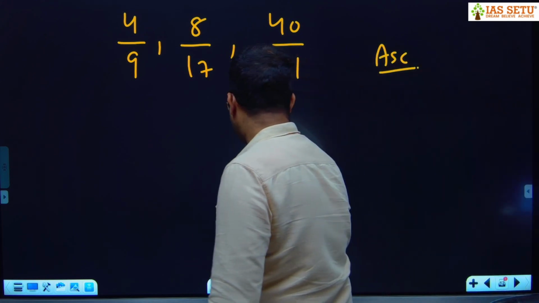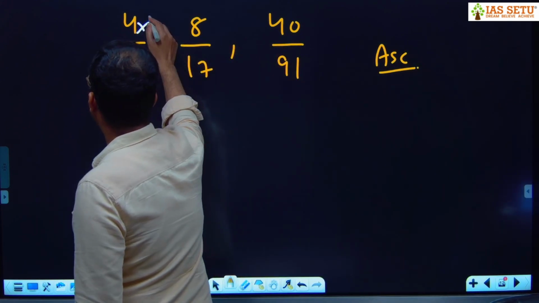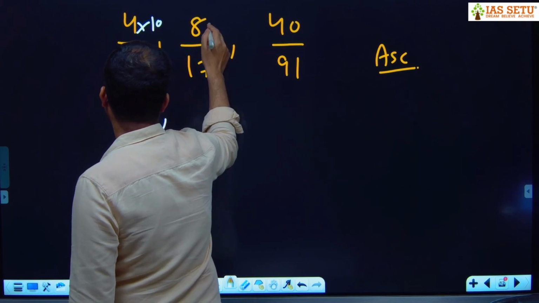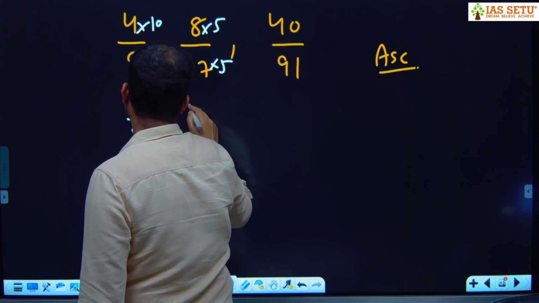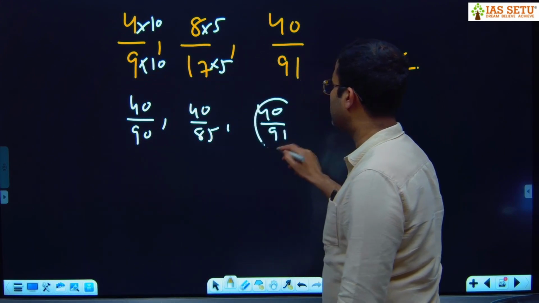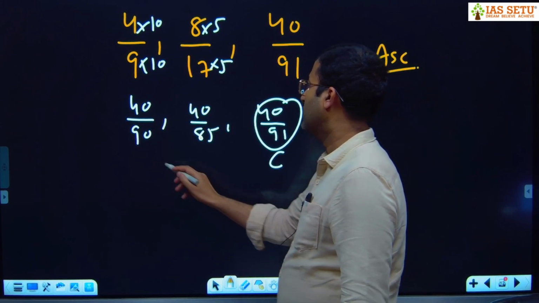So now here what we will do, multiply with 10, multiply with 10, this is 40 upon 90. We have to make it 40, multiply with 5, multiply with 5, 40 upon 85, this is 40 upon 91, this is the smallest. CAB.